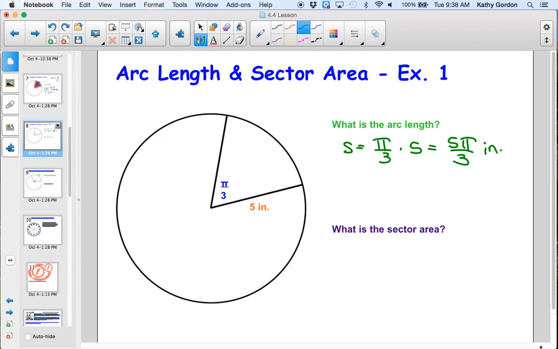Ethan, what did you do to get sector area? 25 pi over 3. 25 pi over what? 3? Okay, how'd you get that? I found the area using the radius and pi over 6.